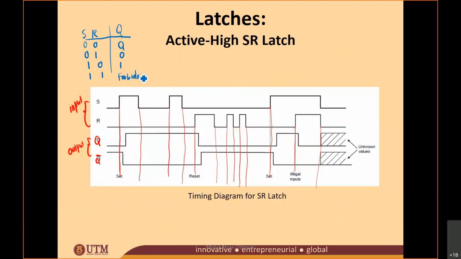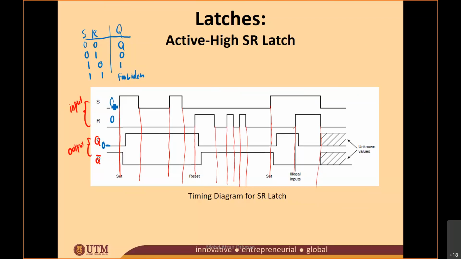Look at this, the first one here. This is 0 0, so according to the truth table, let's say the initial value of your Q is starting at 0.